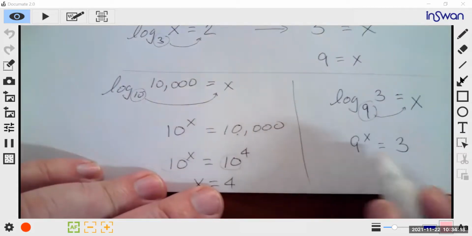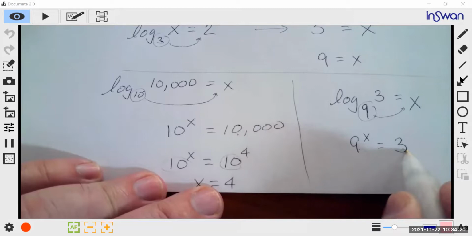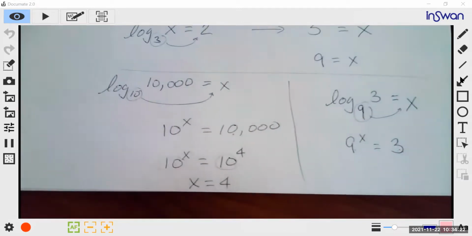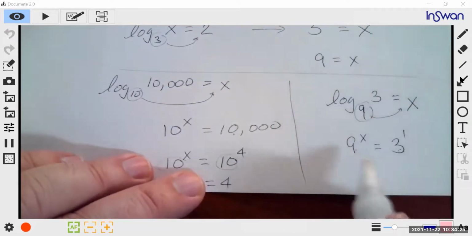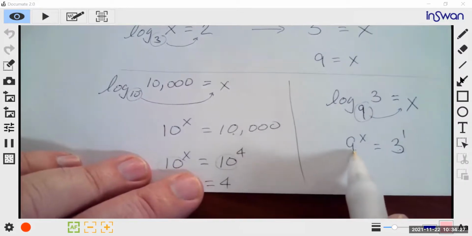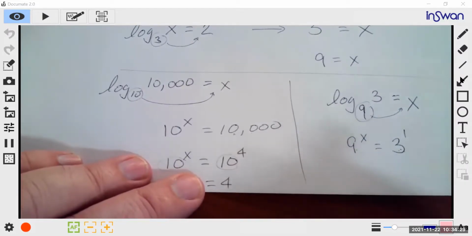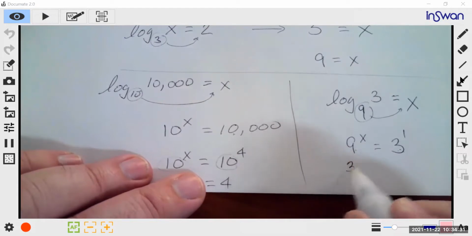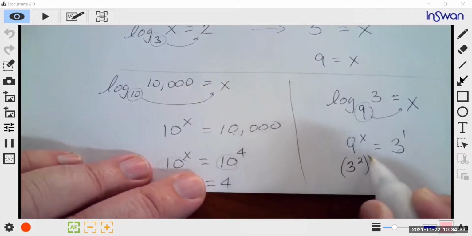Since we have different numbers here, we want them in the same base. This is 3 to the power 1, this is 9 to the power x. What is 9 made up of? 3 times 3. So this is 3 squared to the power x.